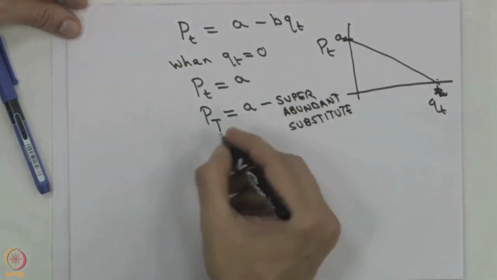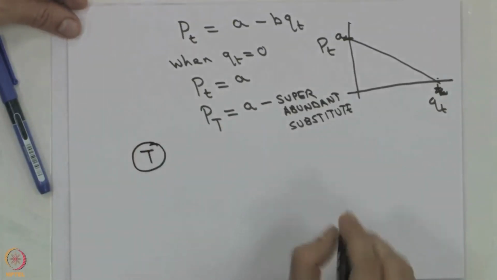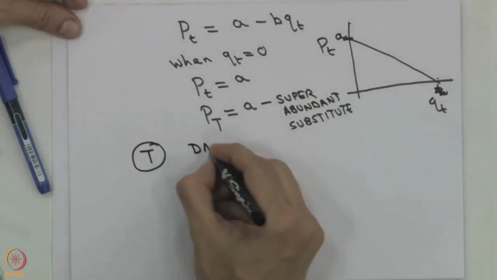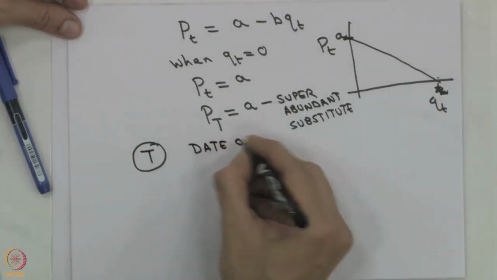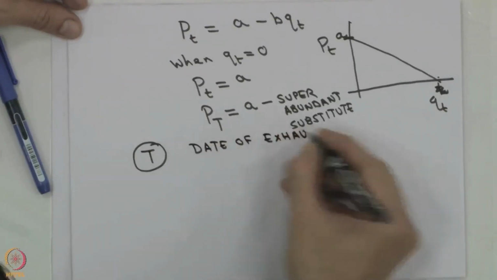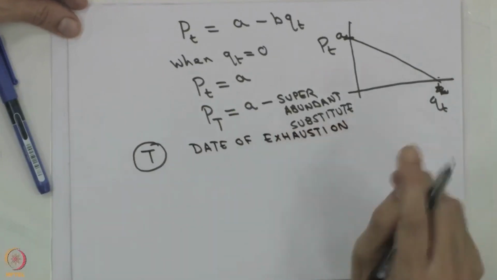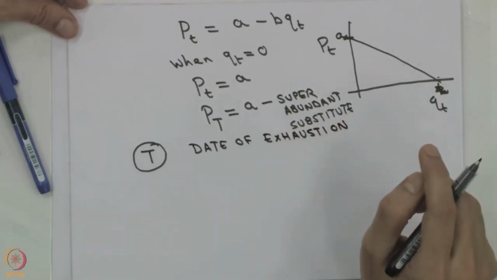Now, the question for us is to determine this T, the date of exhaustion, and we would like to determine it using the fact that it is a competitive economy and the mine manager is trying to maximize profit.